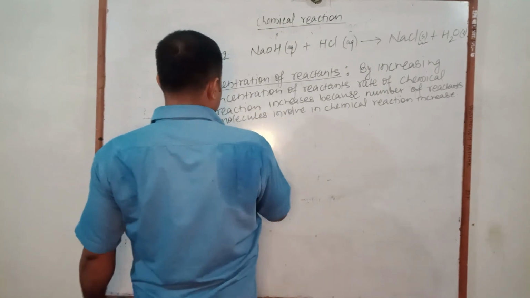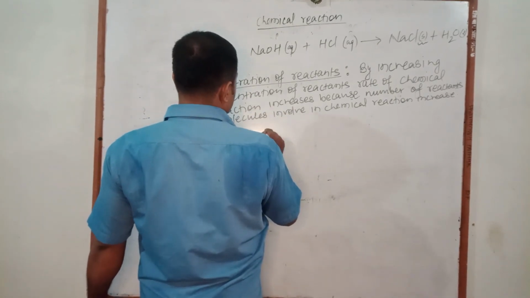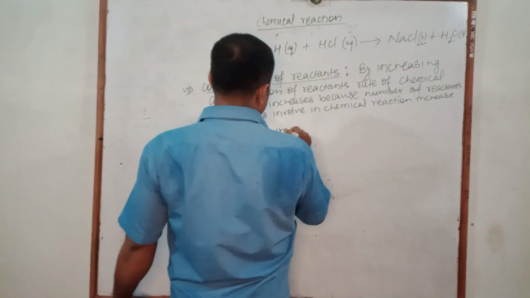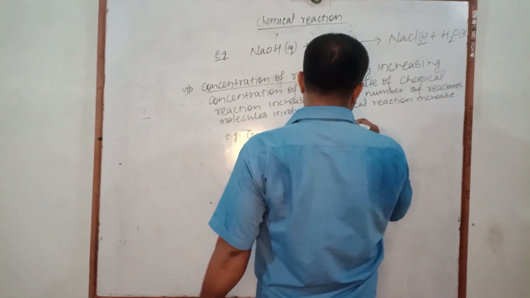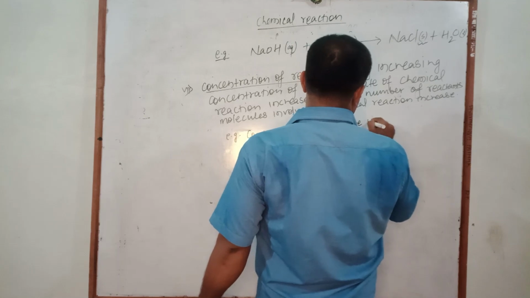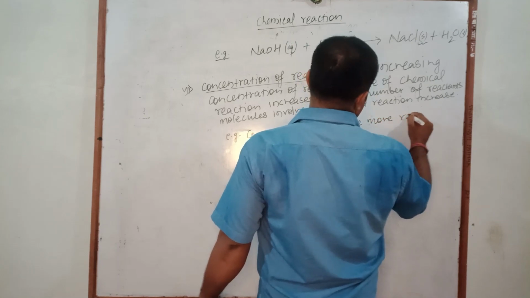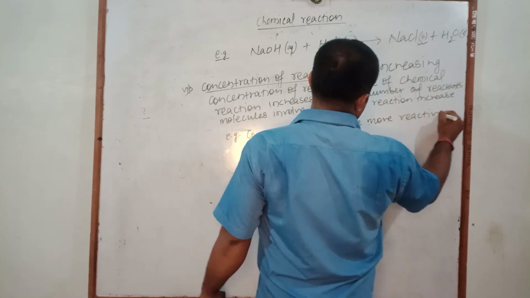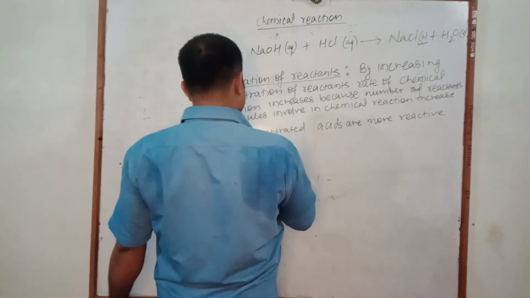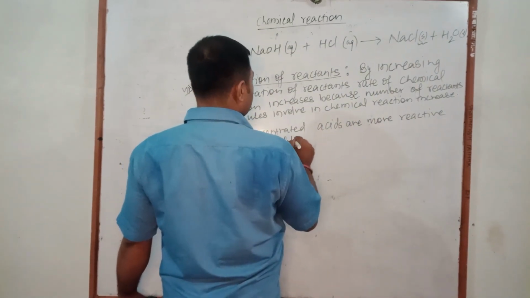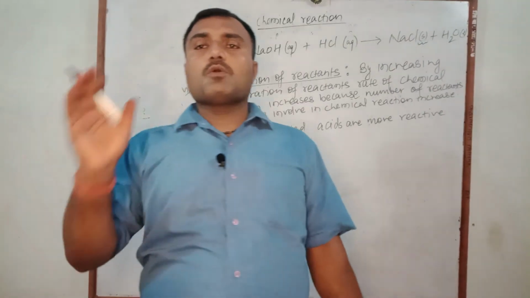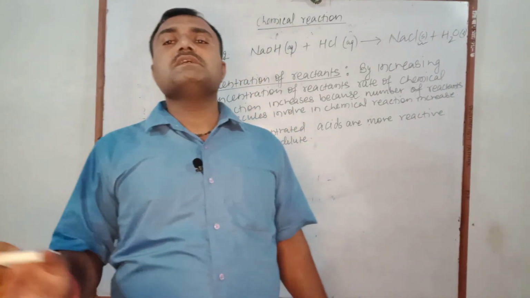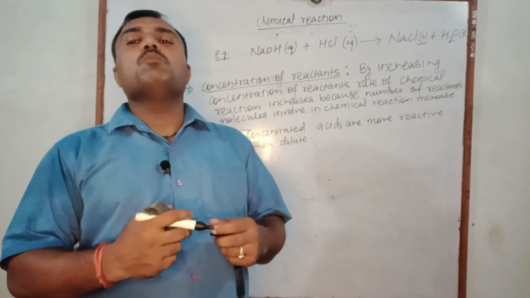In any chemical reaction, when concentration increases, or by adding more reactant molecules in a certain volume, we write the example: concentrated acids are more reactive than dilute. When we use concentrated acid and dilute acid, the concentrated acids are more reactive.